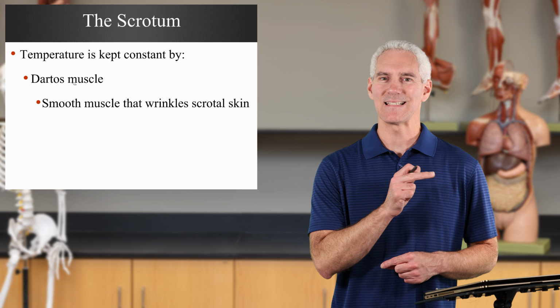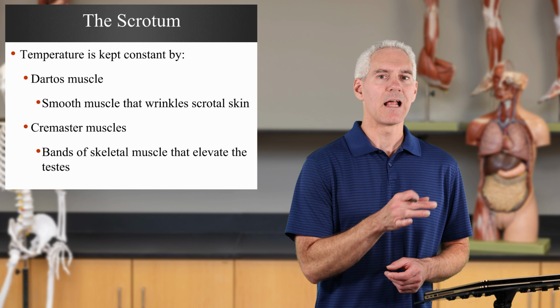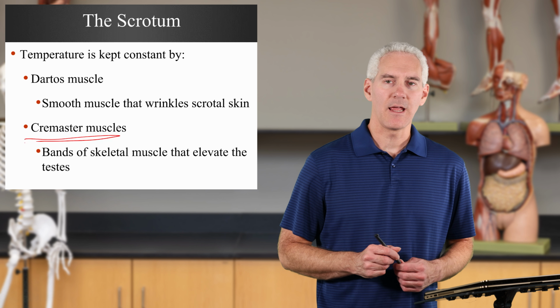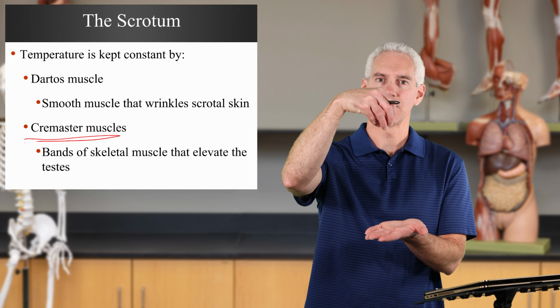But you also have a secondary muscle, which is the cremaster muscle. The cremaster muscle is a skeletal muscle that helps to elevate or depress the testes. The idea is if the environment is cold, the testes are pulled towards the body to maintain that 3-degree difference.